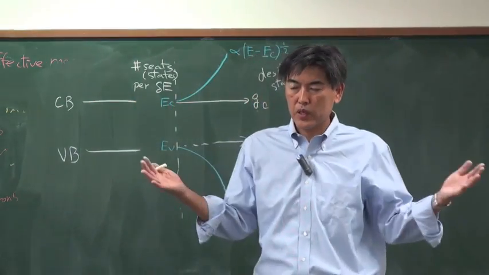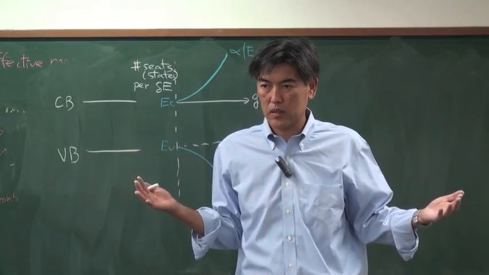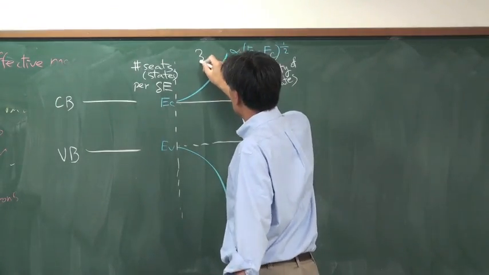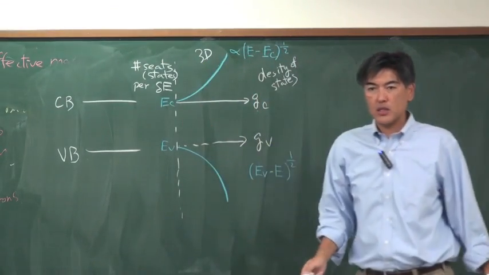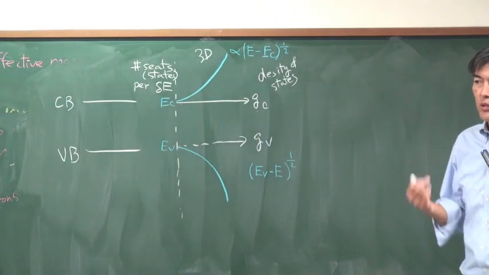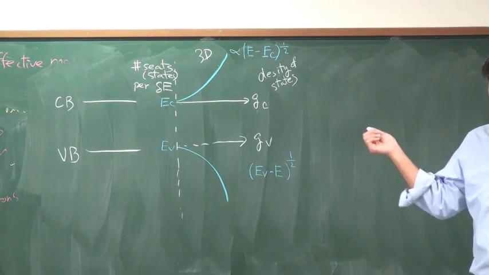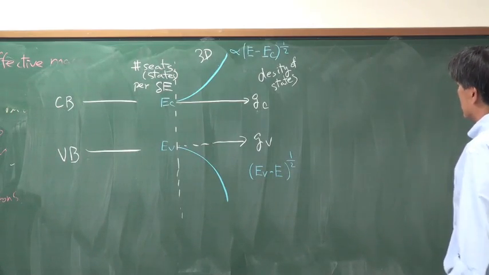So we know the seat distribution now. This is the density of states for three dimensions. So the density of states for 2 dimensions is different, and the density of states for a 1-dimensional crystal is different. This is the density of states for a 3-dimensional crystal.